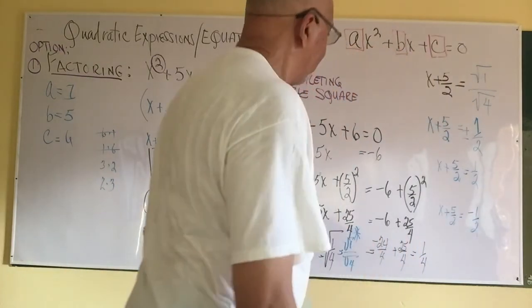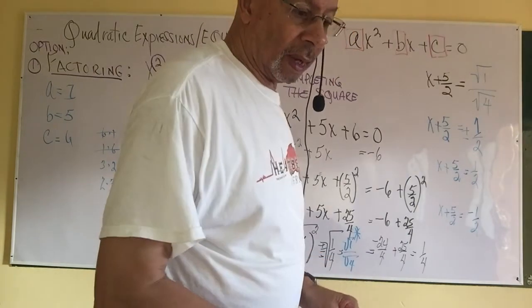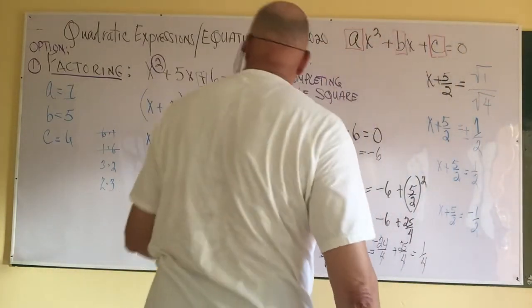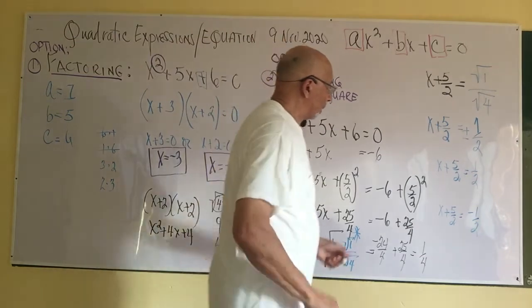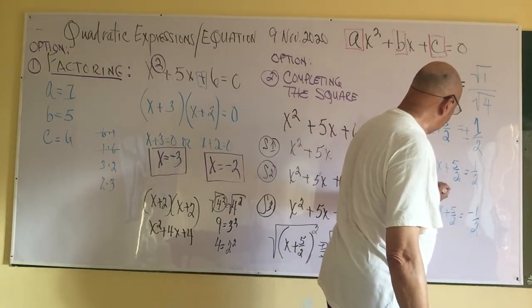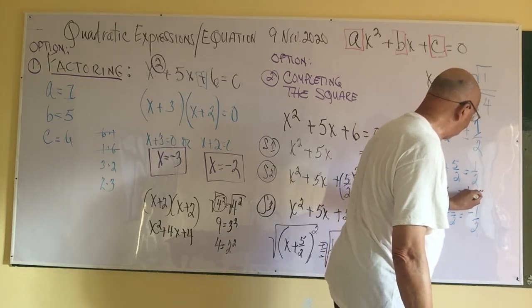So now, let me work this out and see what happens. I'm hoping I get the same thing I got here, even though we use a different procedure. So if I subtract 5 over 2, I get x equals 1/2, take away 5 over 2.